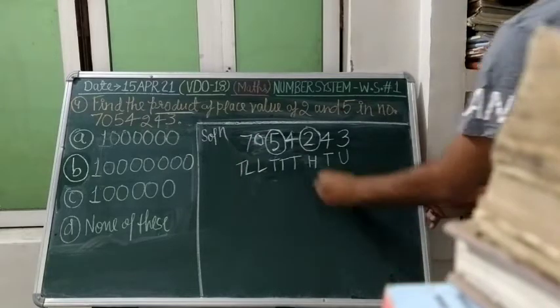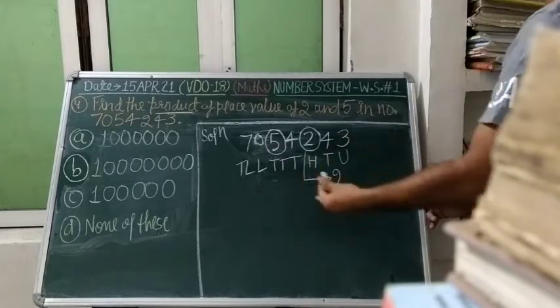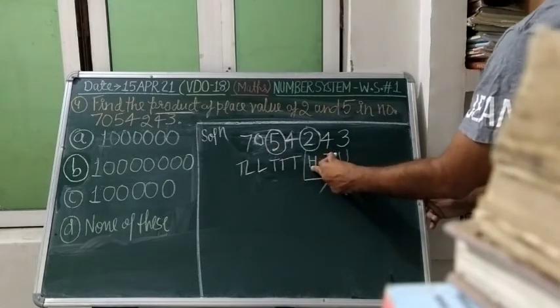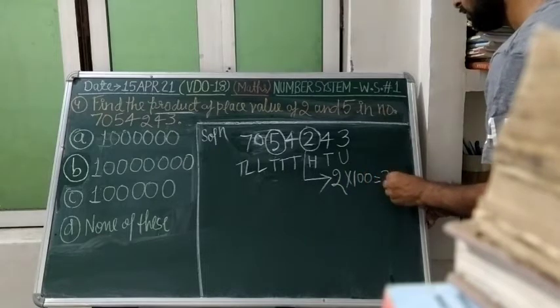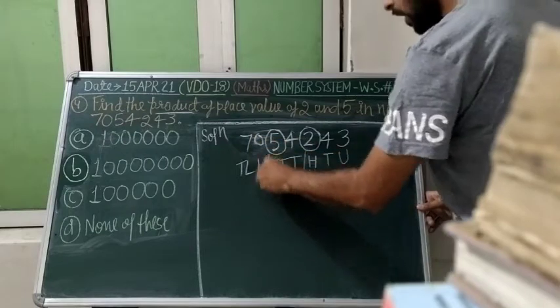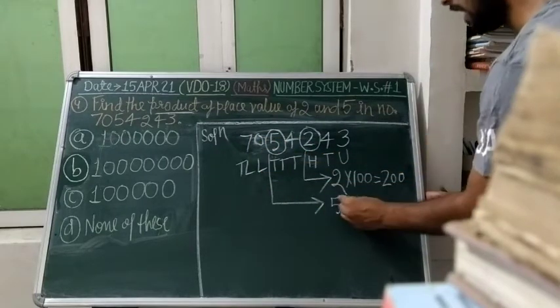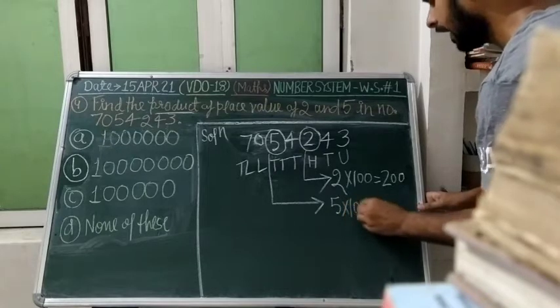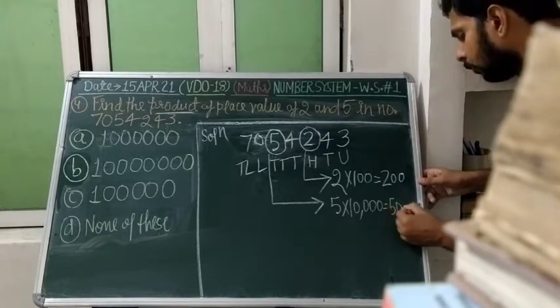The place value of 2: at which place is it? It is at the hundreds place. So 2 into 100 will give us 200. This 5 is at the place of 10,000. So 5 into 10,000 will give us 50,000.